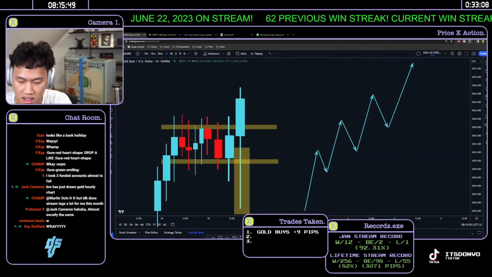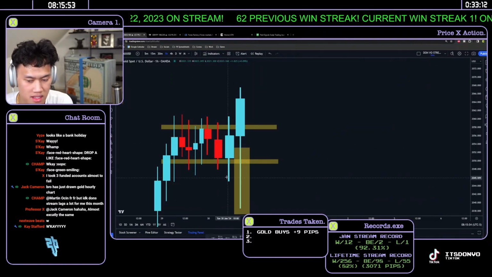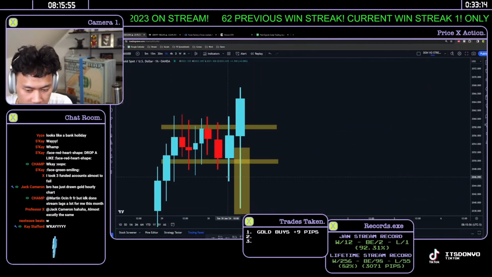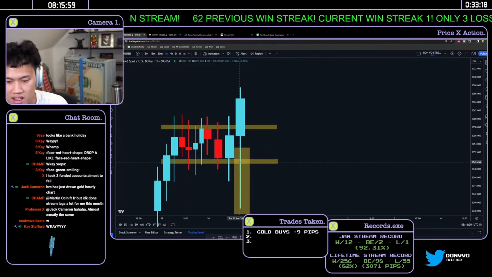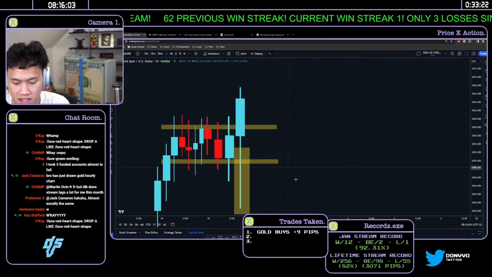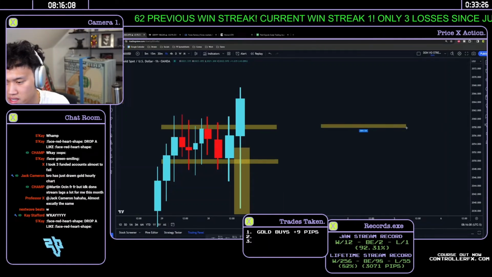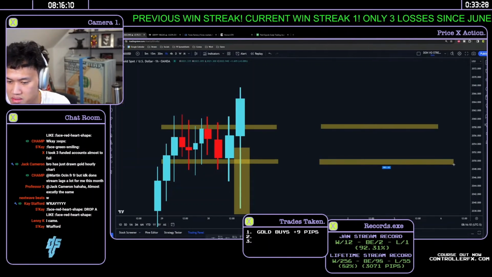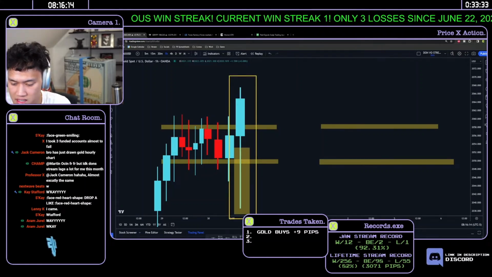Because if you look at it from a different perspective, what is this really? What's really happening here? This is just a fake out. You might see candles looking like this on, let's say, a 1 hour time frame, right? But on the 4 hour time frame, or on a different time frame, you might end up seeing that this candle right here will look like this on the smaller time frame.